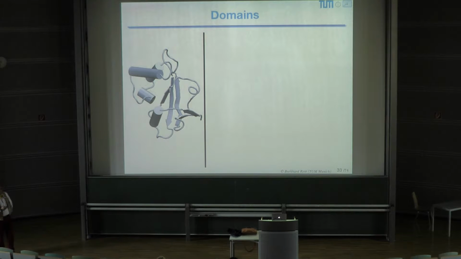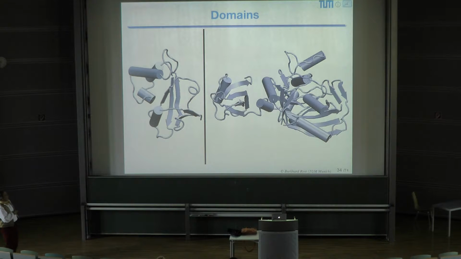Let me show you the idea of domain. Again, you see the rods here, and you see these strands, these sheets, these arrows. And you may see that you could imagine that this protein has two different regions. You see that even stronger.